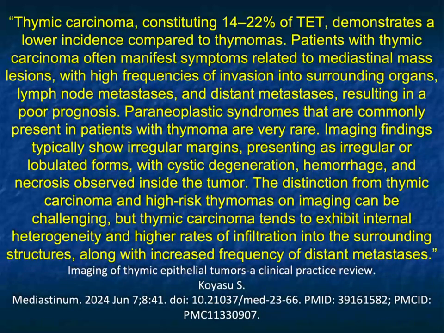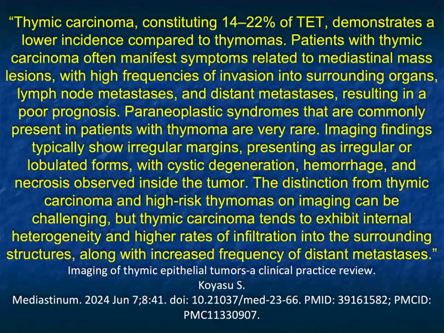But I mentioned before that thymoma is not the only thymic malignancy. Thymic carcinoma is one of the things to think about as well. It's less common. Paraneoplastic syndromes are rare with thymic carcinoma.